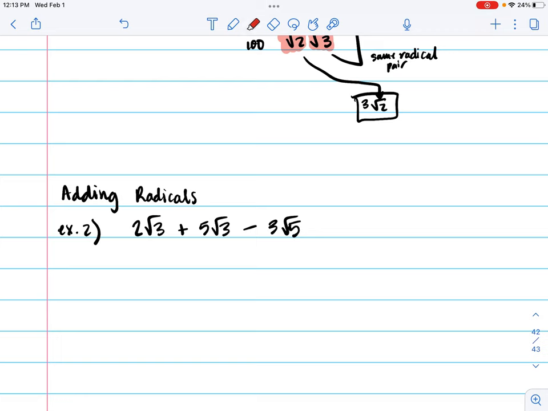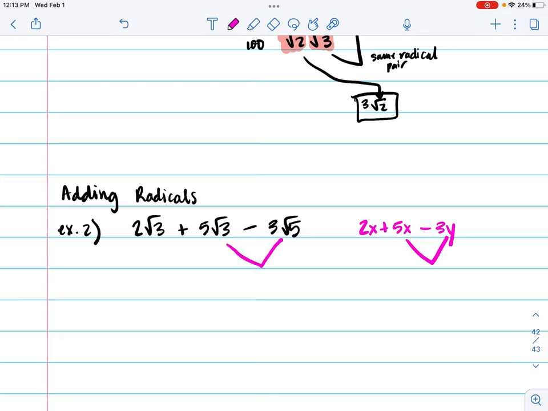Now, if you recall this from Algebra 1, you kind of treat these like terms. For instance, if we rewrote this problem, 2x plus 5x minus 3y, these are two different terms, x and y.